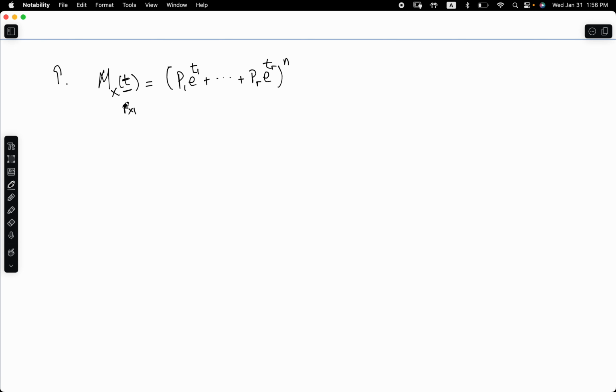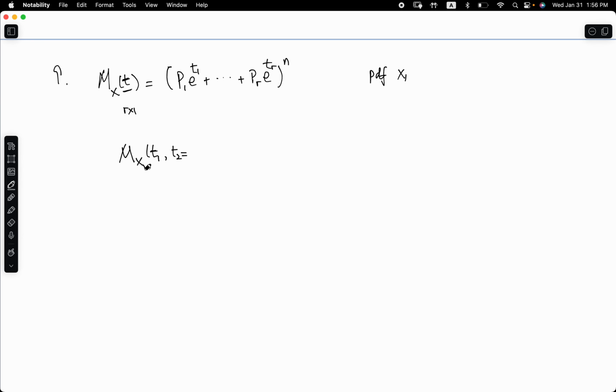We are asked to find the PDF of x1. Okay, so yeah, we can directly set the t's that are associated with the random variables that we are not interested in.